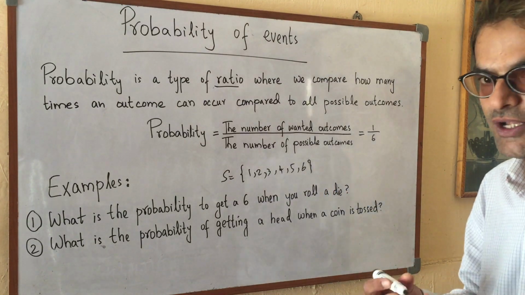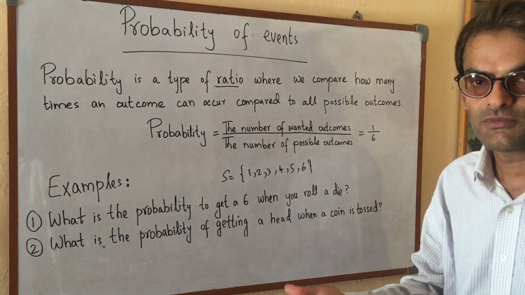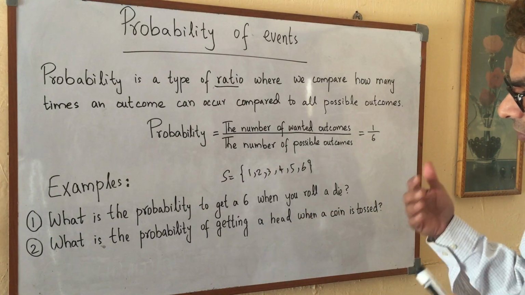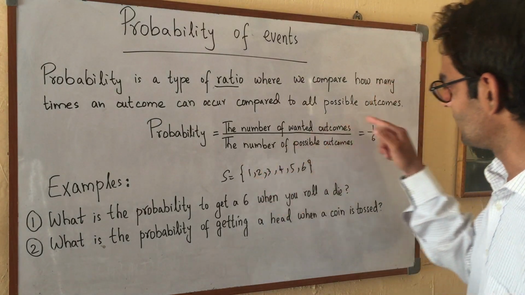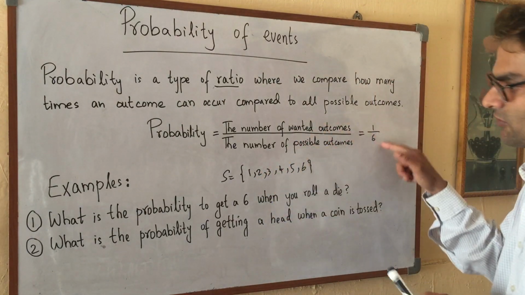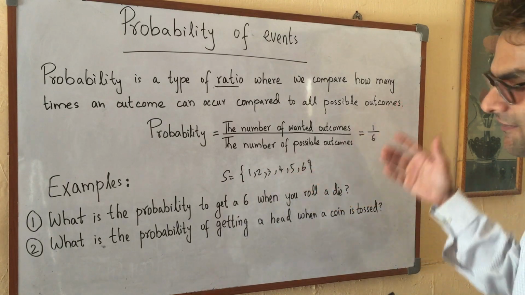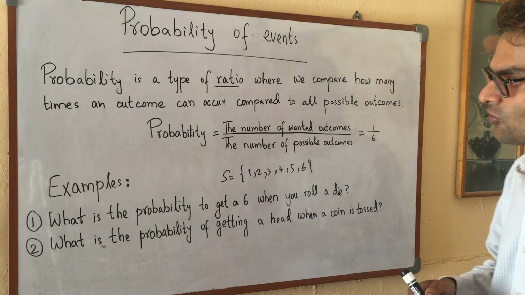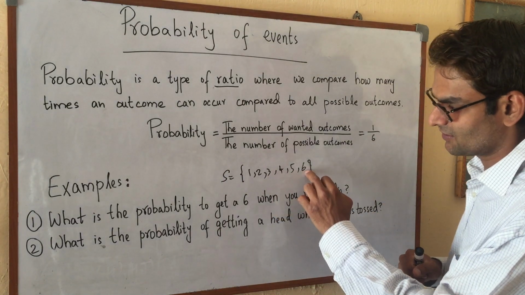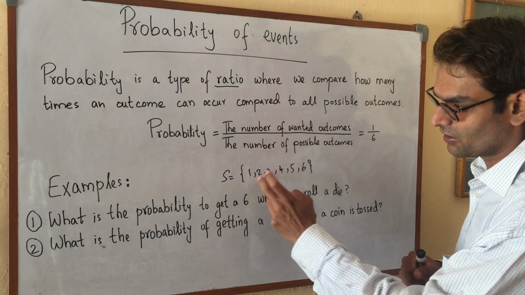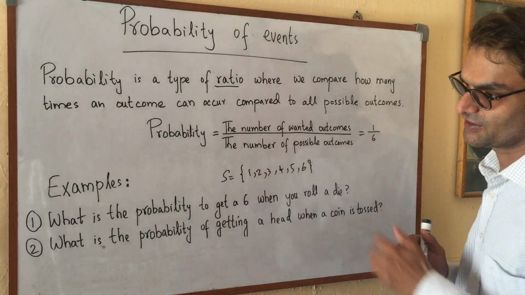If, while opening the game, you need a 6, the probability of 6 is 1 over 6. For the probability of 1, again 1 over 6. For 2, again 1 over 6. For 3, 4, 5, again 1 over 6. So you understand, probability is your wanted outcome out of the number of possible outcomes: you need 1 out of 6.